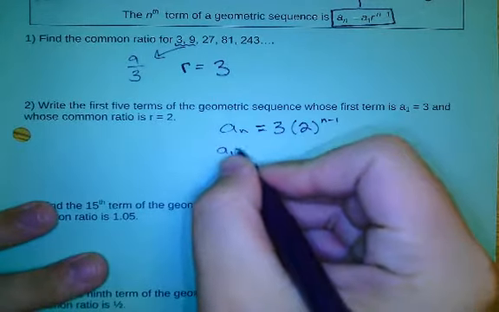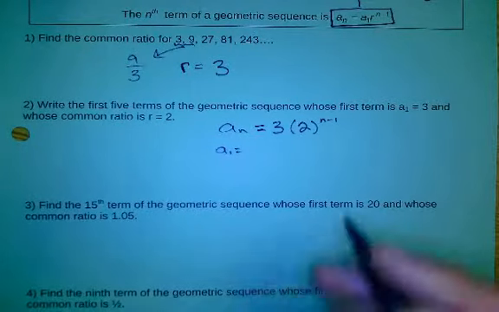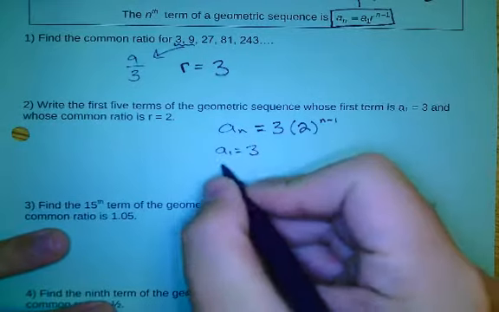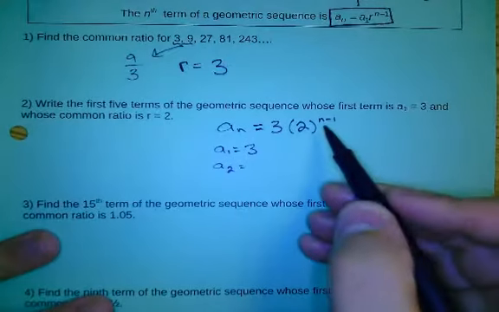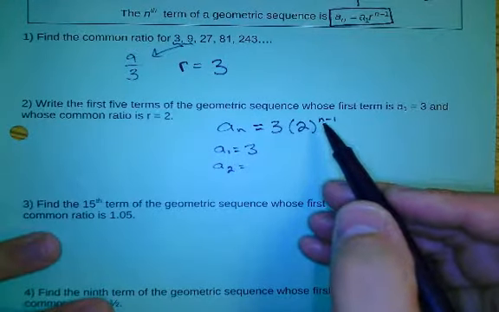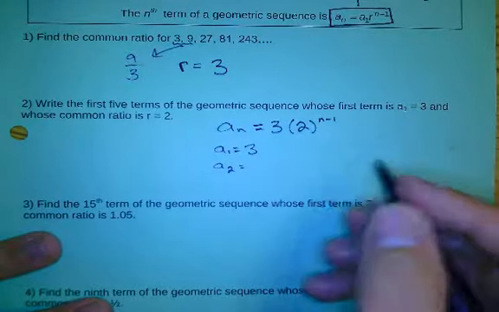So what is A sub 1 if I plug in a 1? Or if I can just read the problem, either way, it's 3. What's A sub 2? You can plug in a 2 or you can just figure out what the pattern is. What's that, class? You all said 6? That's a fantastic answer.